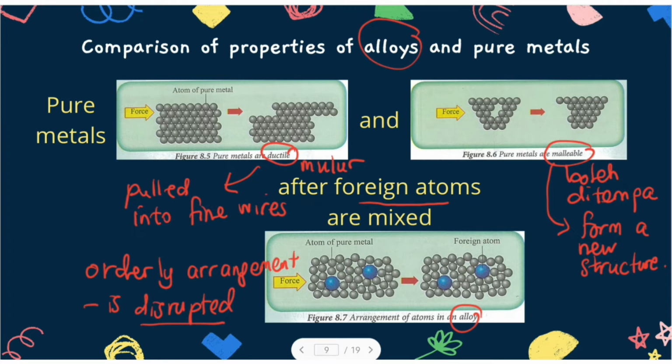Bila kita tolak, we give some force, the atom is difficult to slide. Different from pure metal, we give some force, the atom can slide. Why? Because the size is the same, so it will slide.